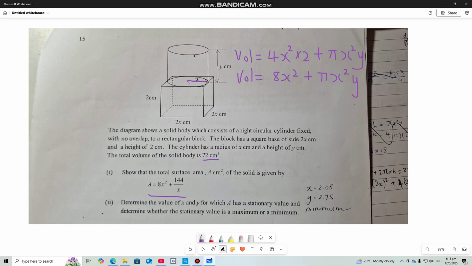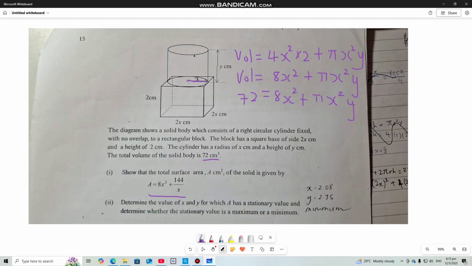The volume over here is 72. Right, so we have got 72 equals 8x squared plus pi x squared times y. Alright, so step by step we will have to isolate the y.